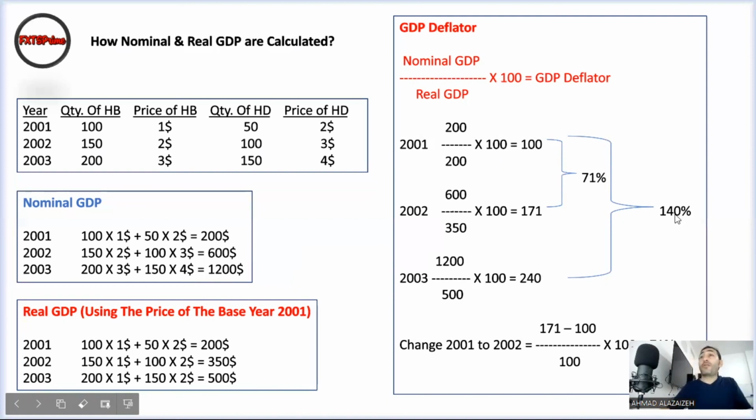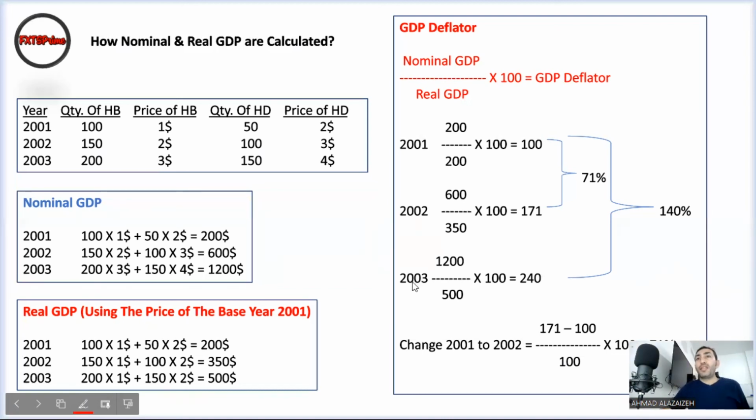Let's understand how the percentage has been calculated. The change from 2001 to 2002 is equal to the GDP deflator, which is 171, minus the deflator in the base year, which is 100. So 171 minus 100, divided by 100, multiplied by 100, which is equal to 71%.